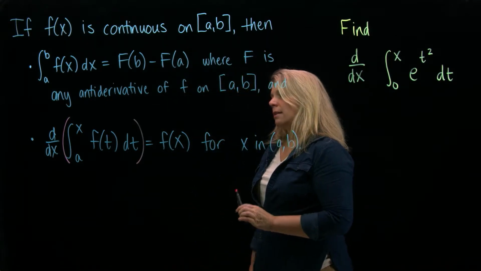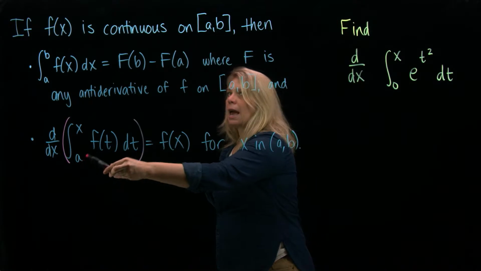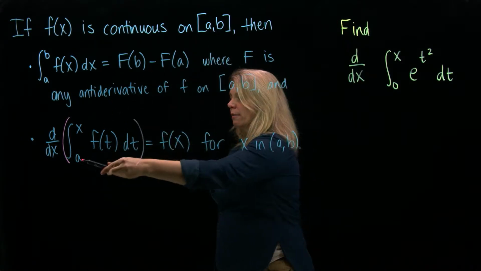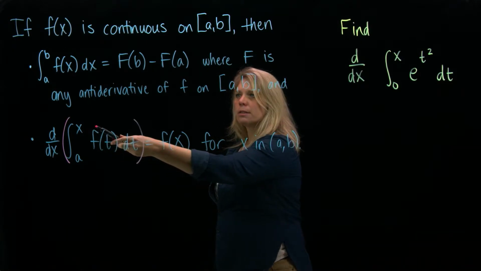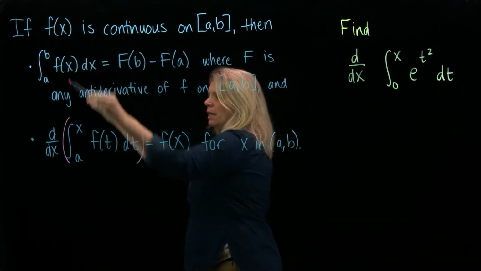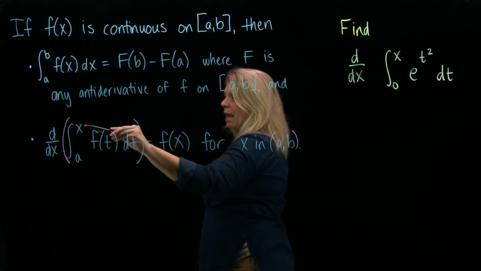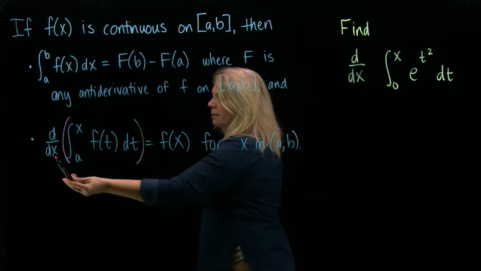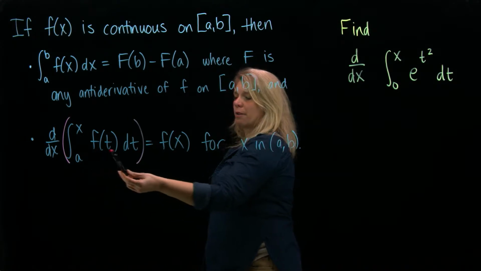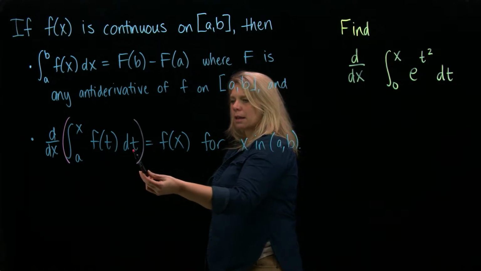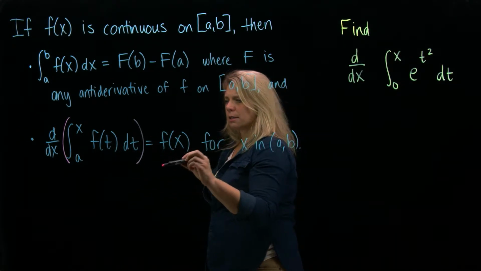This definite integral is from a, the left endpoint of our interval, to a variable x. So instead of being an integral from a to b, we have an integral from a to x, where x is a variable that we are differentiating with respect to. Of f of t dt, then that is all equal to just f of x.